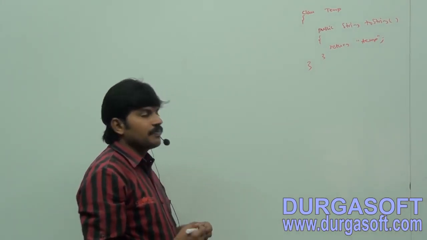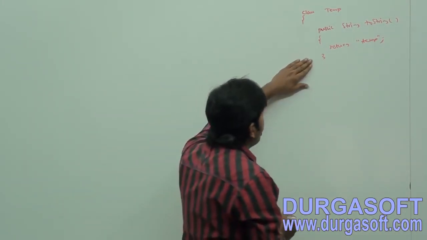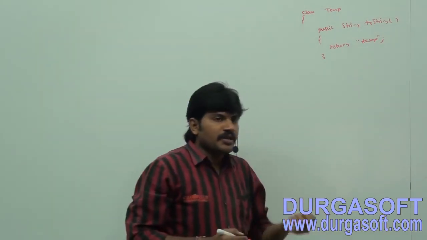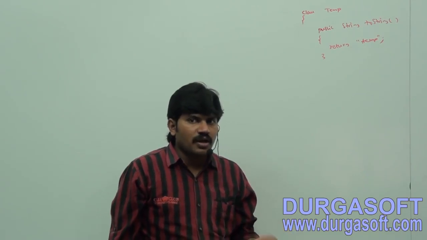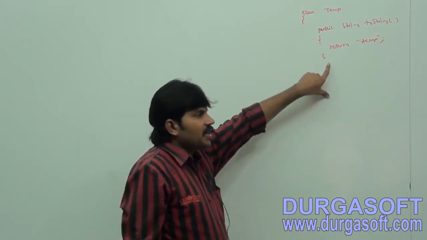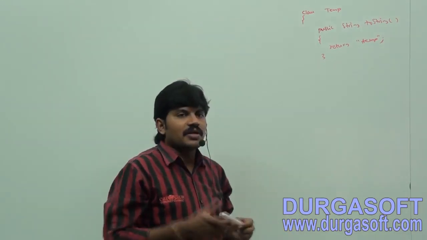Now, whenever the Temp object is eligible for GC, the garbage collector is going to call the finalize method. Let me keep a finalize method also, so that we can get confirmation whether the Temp object got destroyed or not.